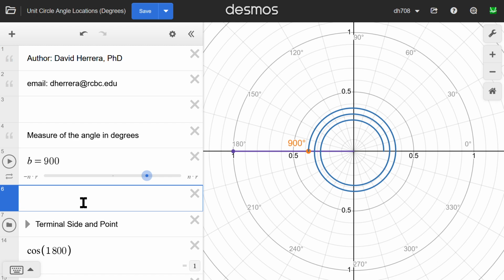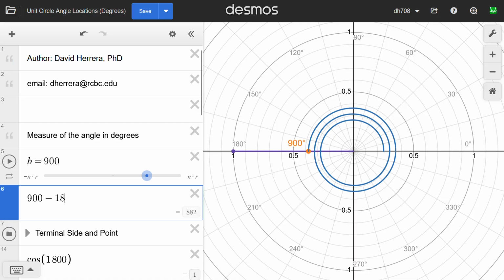That's the 180. Well, I do 900 minus 180. That is 720. So what I see here is 720 is a multiple of 360, and that is smaller than 900. So this is kind of the remainder, like if you were to do long division. If I were to do 900 divided by 720, there would be a remainder of 180. Or if I did division by 360 either.